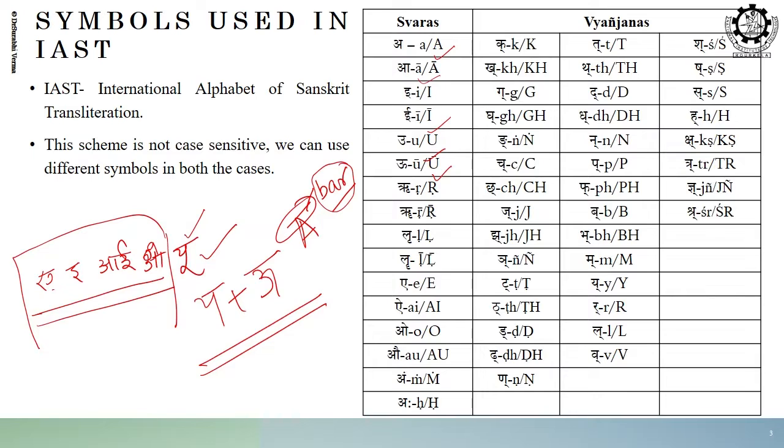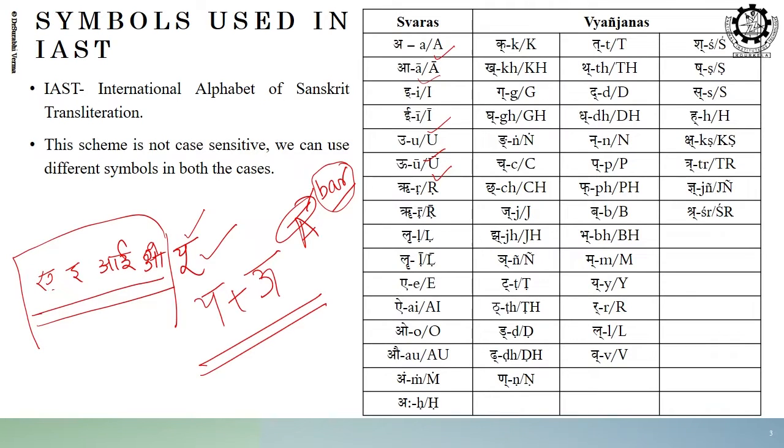In the same way, ikara is denoted by i and i bar, and ukara by u and u bar. This is a very easy way of remembering, because you will be habituated that wherever dirgha is available, it will be denoted by a bar.